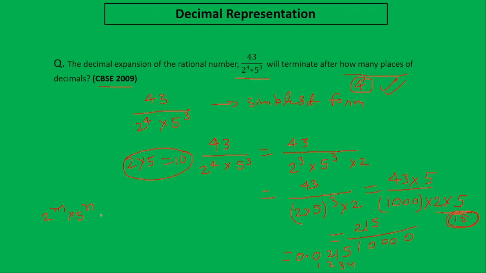So 2 to the power m times 5 to the power n, convert this as 10 to the power something into 2 or 10 to the power something into 5. Then 2 and 5 you can convert into 10 either by multiplying by 2 to the power or 5 to the power. So this is the method.